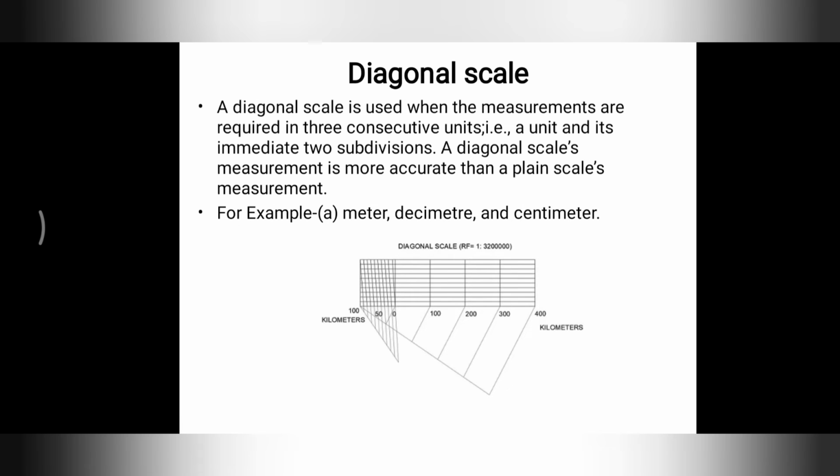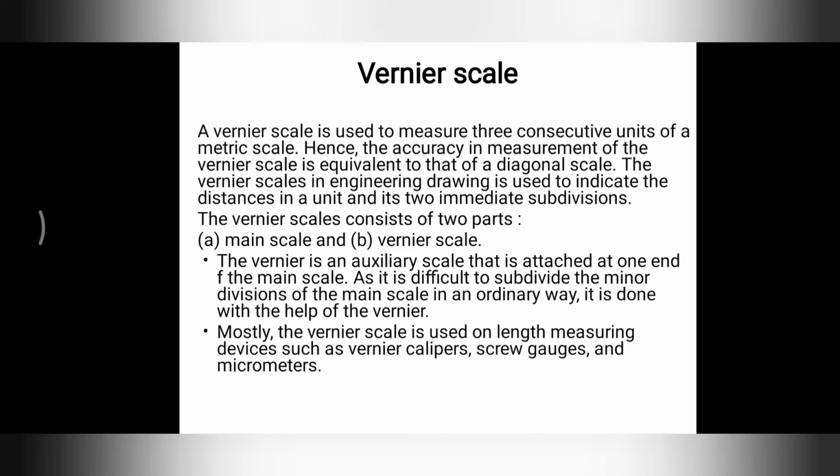The diagonal scale is of a slightly higher standard compared to the plane scale. Here we can go for three consecutive units, that is meter, decimeter, and centimeter. The diagonal scale gives more precision compared to the plane scale.